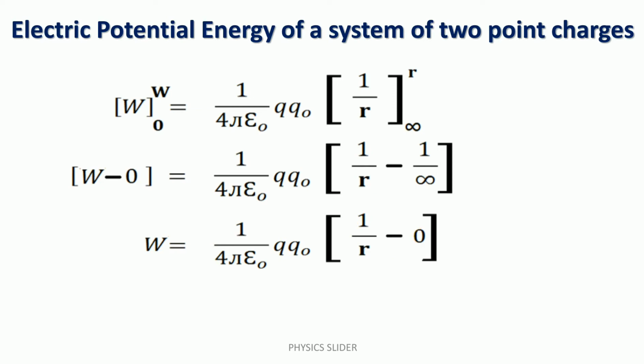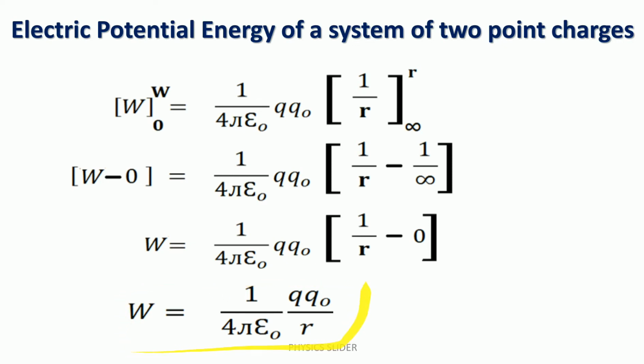So this expression will be W is equal to 1 upon 4 pi epsilon naught Q Q naught upon r, and this is the work done that we need to do while bringing the system of charges from infinity to the present location, and this work done is stored as potential energy.